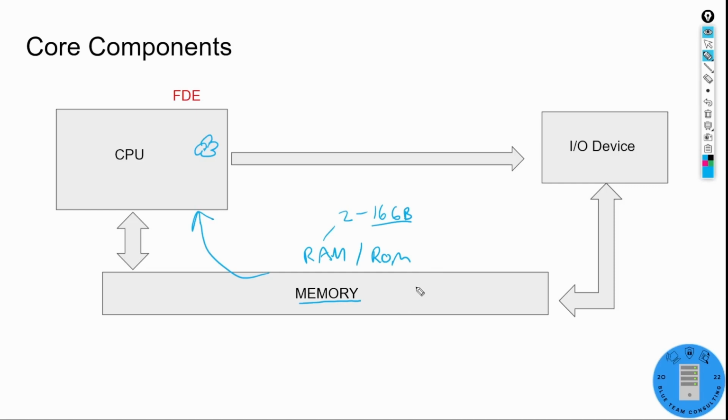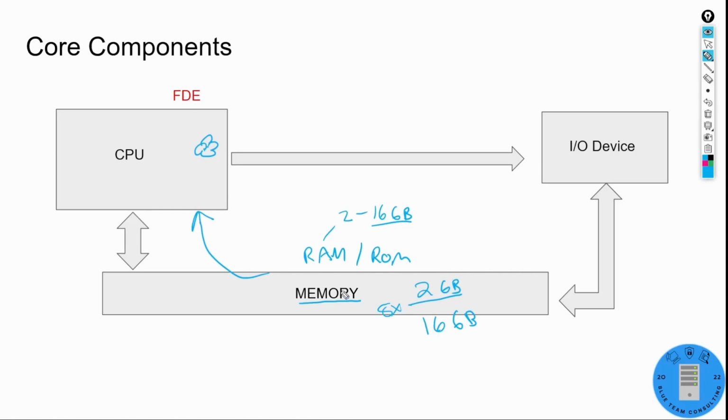So if you have 2 gigs of RAM, that is going to store fewer instructions at a time than 16 gigs would. This is 8x the power of storage for the instructions that the memory can hold.